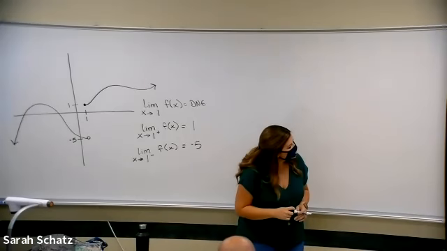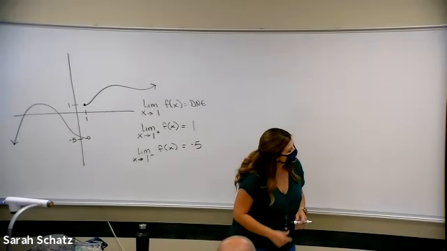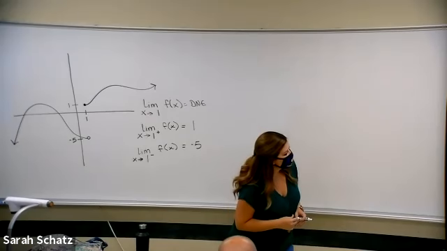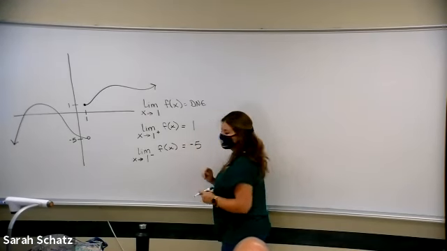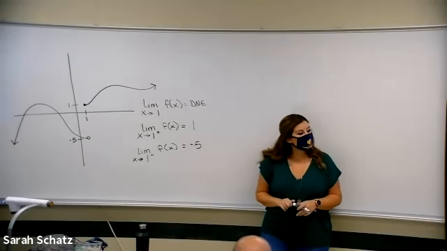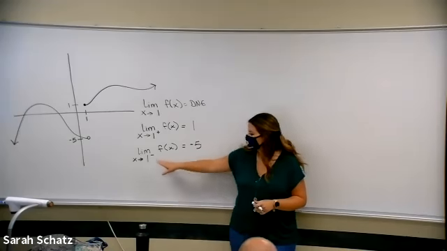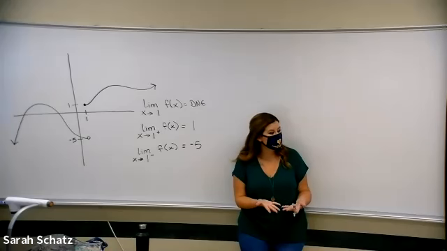Yes? Is there a way to notate, since in this example, it will never reach -5, is there a notation for that? No, so the limit, it doesn't really matter if it hits it or not.